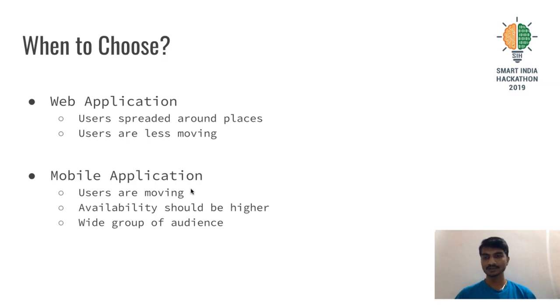So how do we choose what kind of application we are going to create? As we have already discussed, it is going to be decided by the requirements of the user.